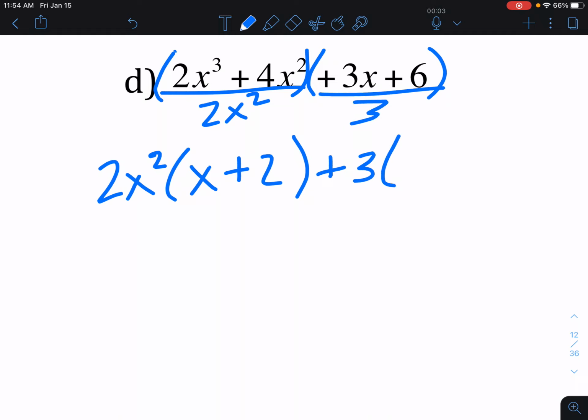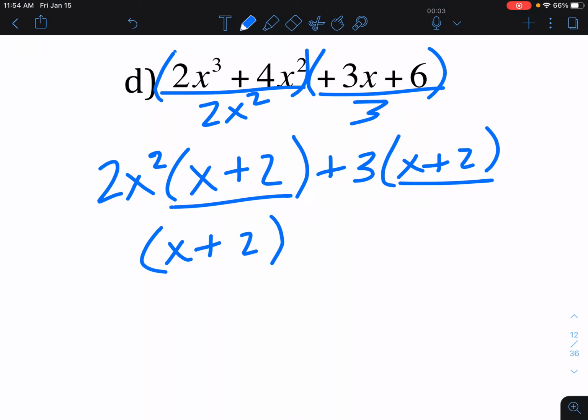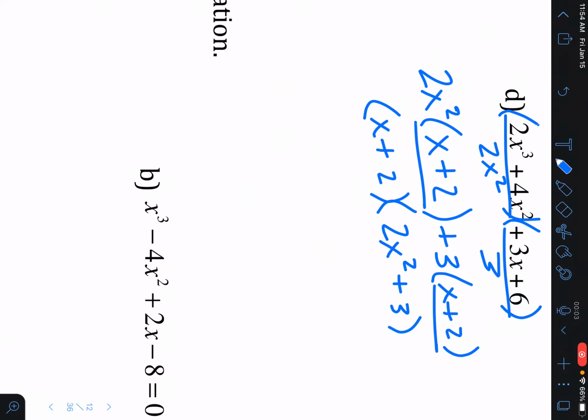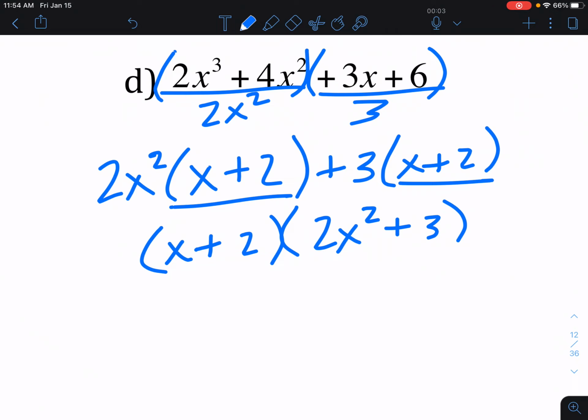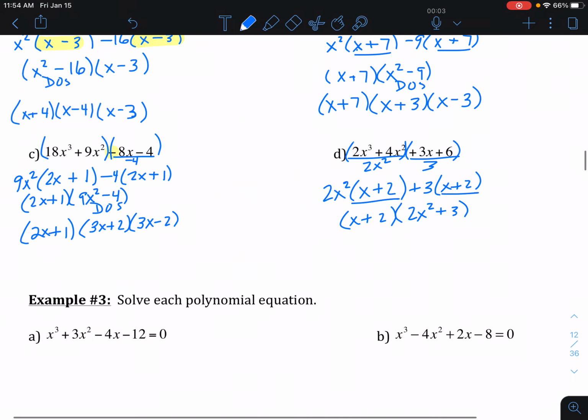And divide by 3 to have 1x plus 2. And now they match. Right here, they match. So let's rearrange. There's your x plus 2s and your GCFs. Put them together. Can you factor further? That 2x squared plus 3 actually cannot be factored any further. So this guy is done.